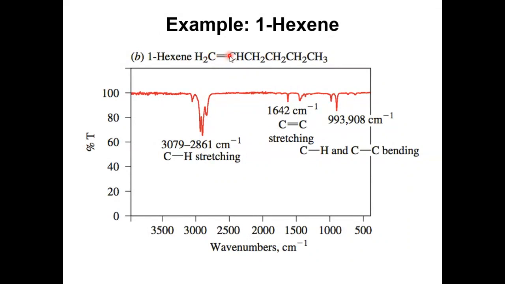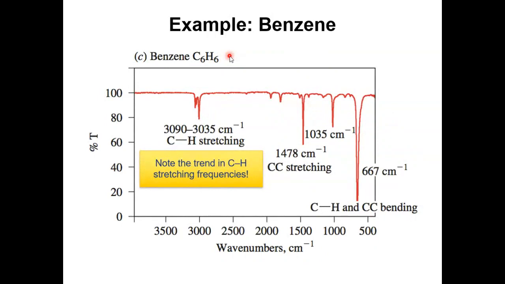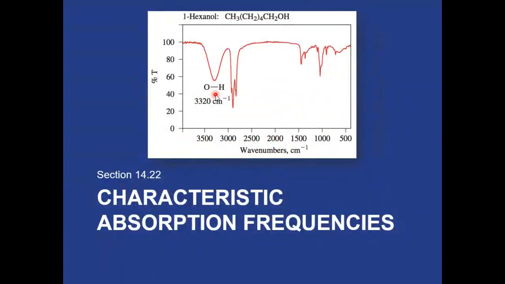That makes this C=C double bond somewhat polar, so you still can see it. In benzene, the only kind of CH bond you see is sp2 CH. That's why the CH stretching peak is all slightly above 3,000 reciprocal centimeters. You don't have any sp3 CH. So these are some examples.